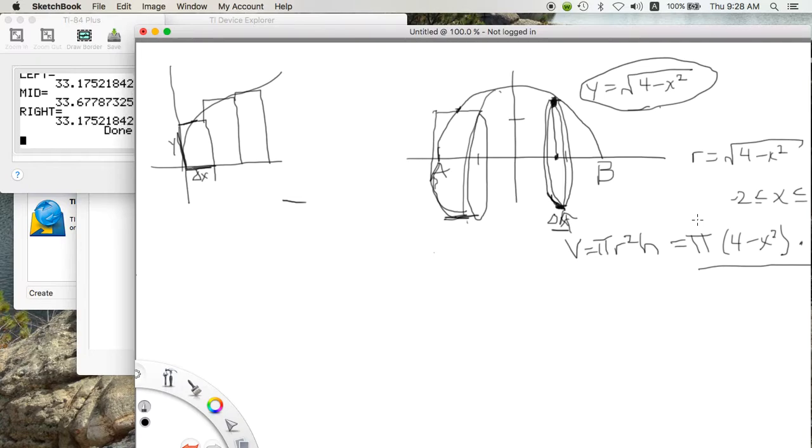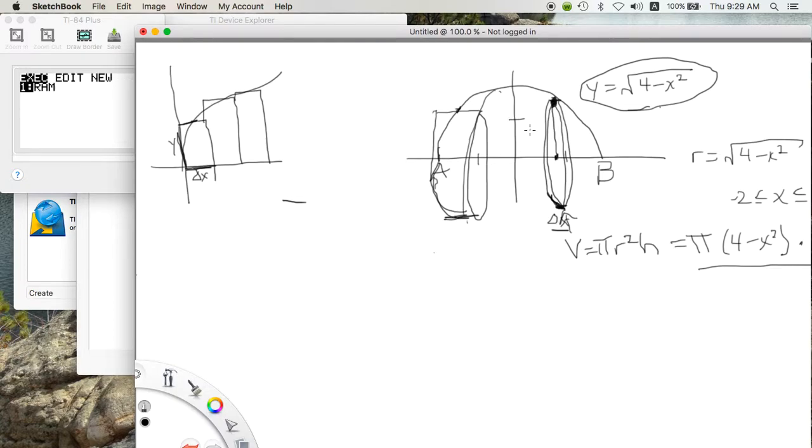So if we look at all that, we have 33.175 both with left and right, which of course makes sense because the left-hand ones over here are going to be a little bit less than they should be, and over here they're going to be a little more, whereas with the right-hand ones, they shift, and here they're going to be a little more, and on the right-hand side they're going to be a little less. So it makes sense for them to be equal. And then the midpoint formula gives us 33.677. So let's try that again with 100.